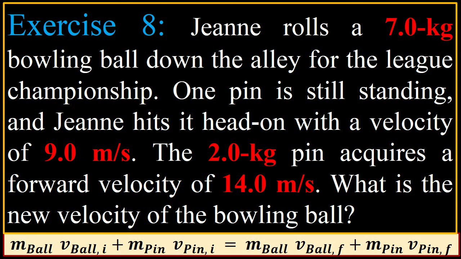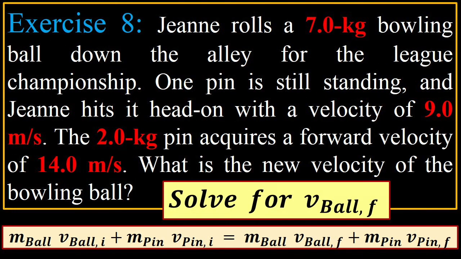This is just like the last problem. What is the new velocity of the bowling ball? So I want to solve for the velocity of the bowling ball final. What I may do is simply flip the equation according to the mathematical property of symmetry, and say that the sum of the final momentums is going to equal the sum of the initial momentums.